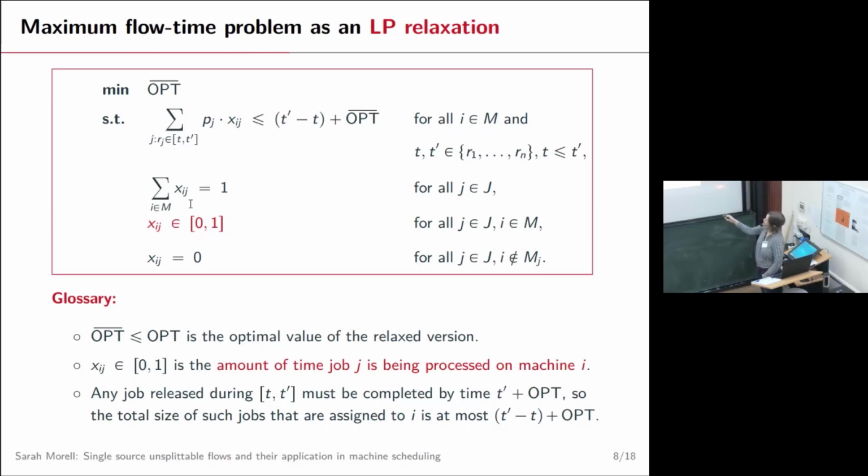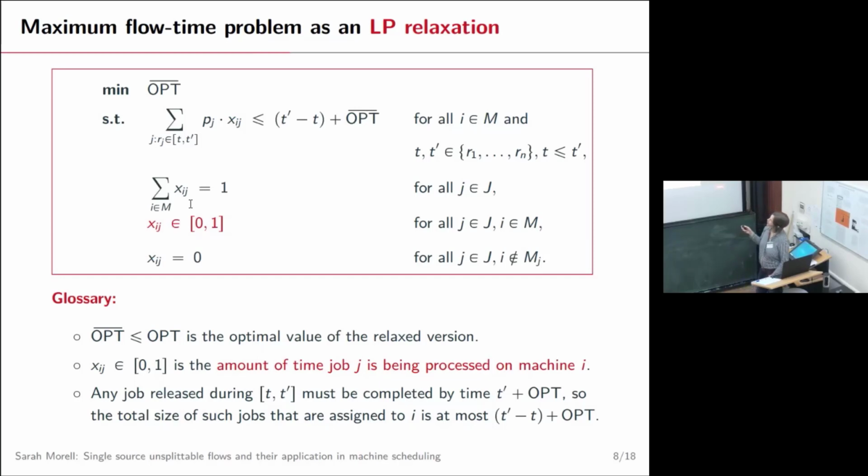And again, we cannot assign too many flows or too many parts of those jobs to the machine within a certain interval. So I hope this relaxation is clear as well.